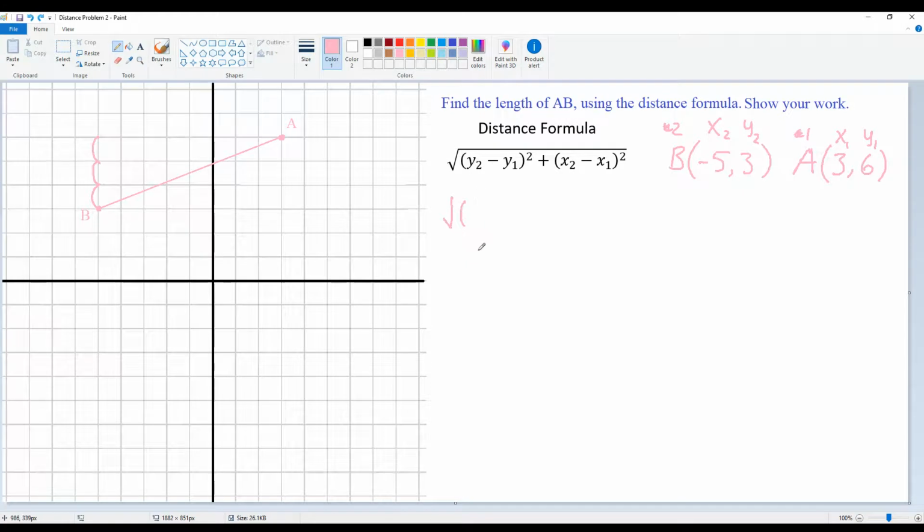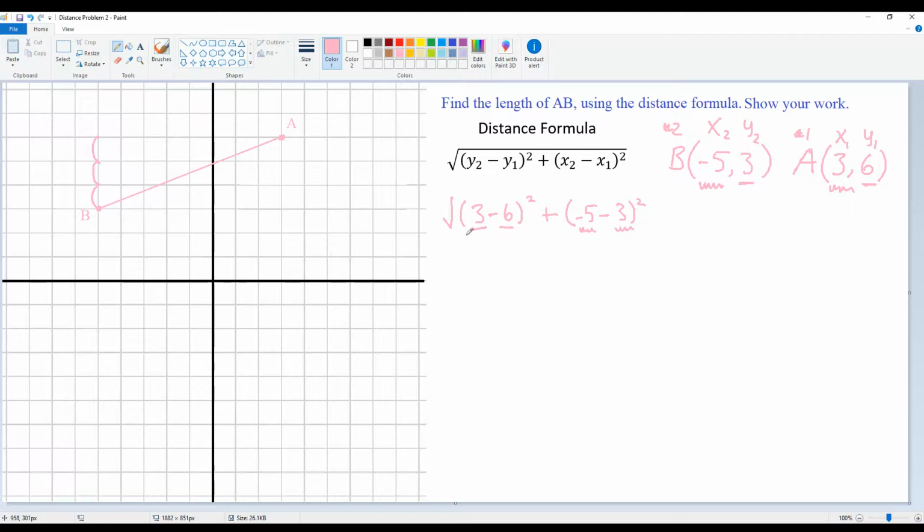So y2 is 3 minus y1 is 6 squared plus x2 minus x1 squared.